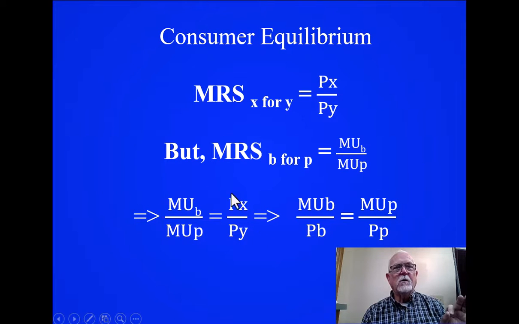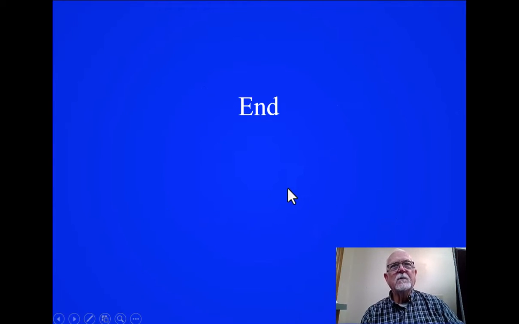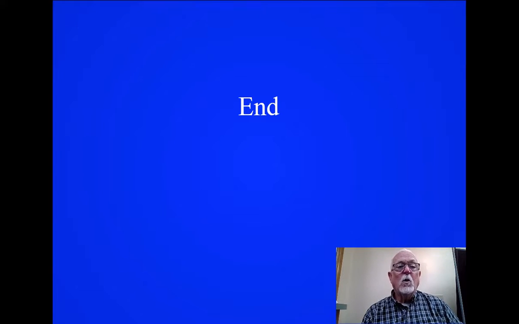Well, that's really what we're talking about here. This is the slope of the budget constraint, and this is the slope of the indifference curve. And so there you go. That's the best way in economics to analyze consumer satisfaction or utility, or the fancy term, consumer preference theory.